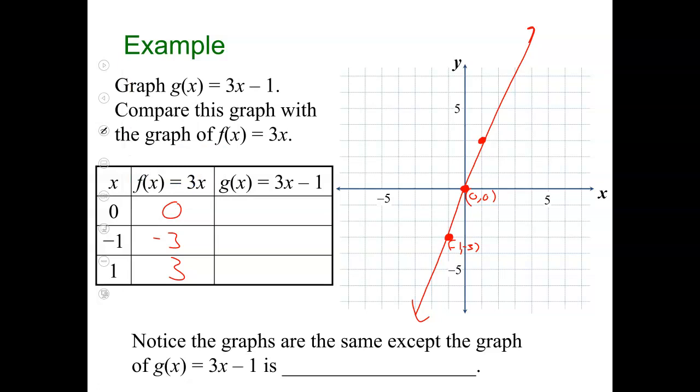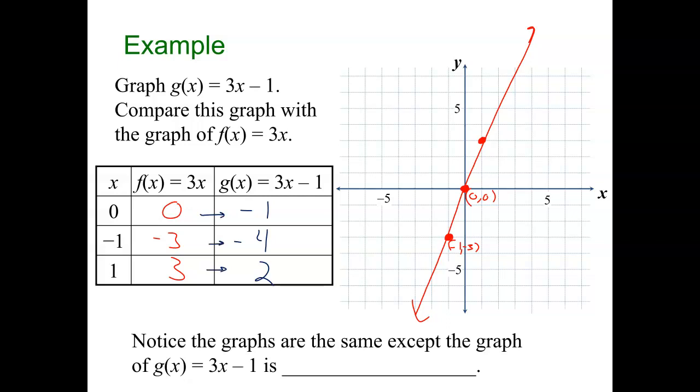Now, g of x. What's g of 0 going to be? Negative 1. What's g of negative 1 going to be? Negative 4. What's g of 1 going to be? 2. What do we notice about each of these output values going from f of x to g of x?